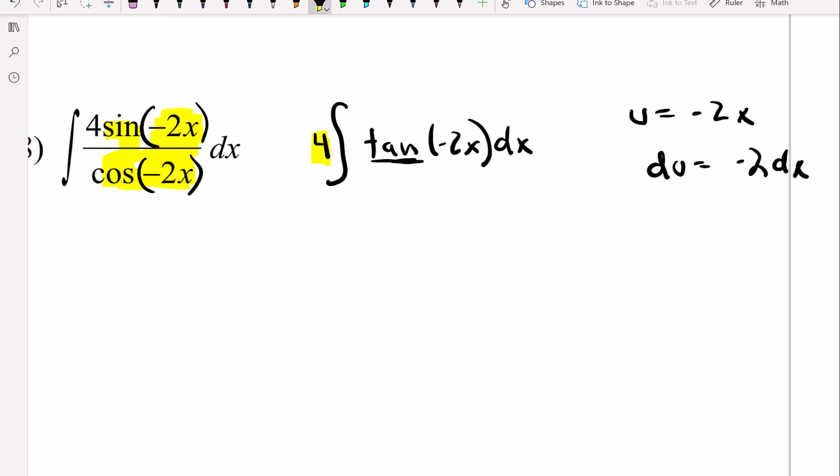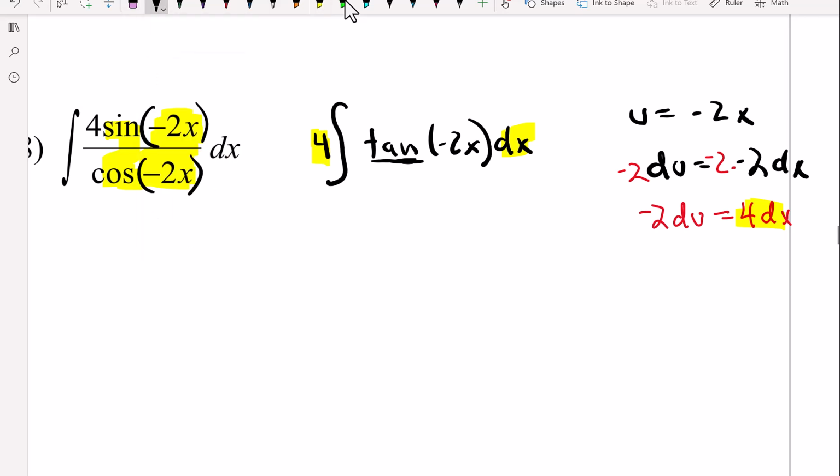But we're supposed to have a 4 dx, so I'm going to have to multiply both sides by negative 2. So negative 2 times du is equal to 4 dx. And now this thing matches this right here.